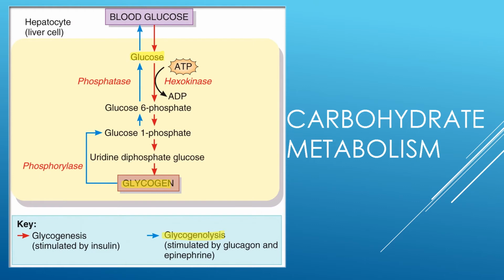And then on the right side with the red arrows is the pathway of glycogenesis, and this is going to be creating glycogen from glucose. So they are a little bit different, just understanding that they're not completely just the simple reversal, but they do have a little bit different steps.